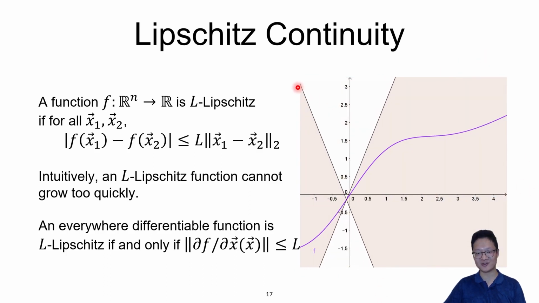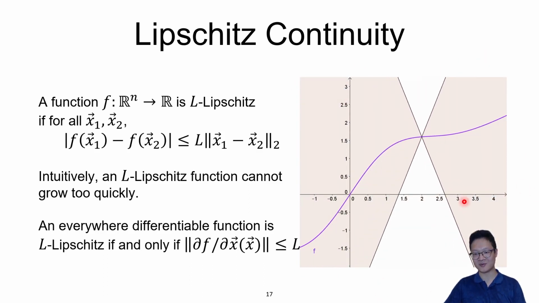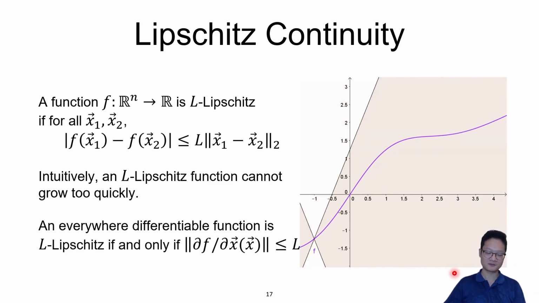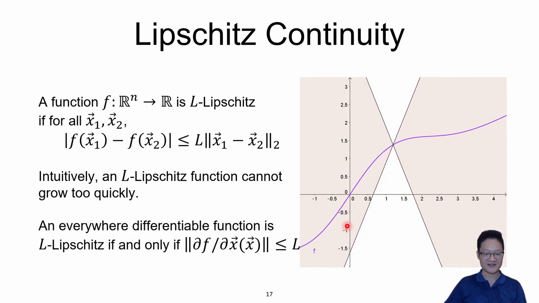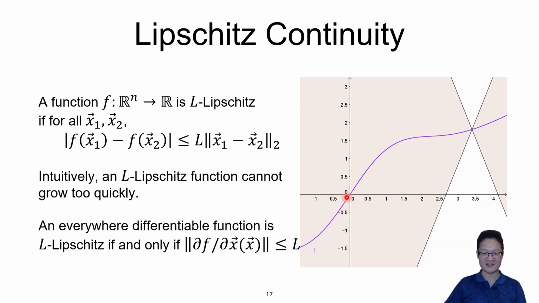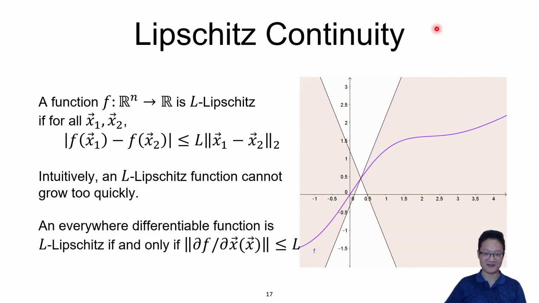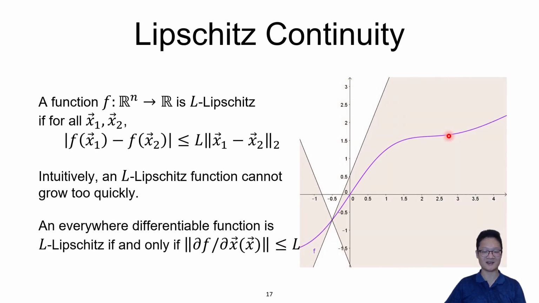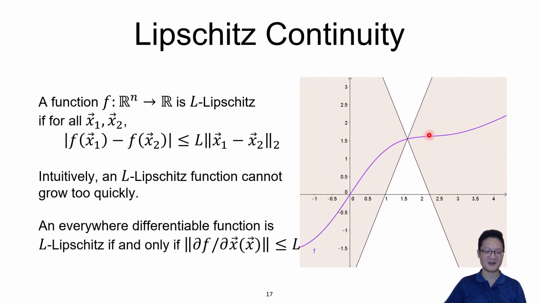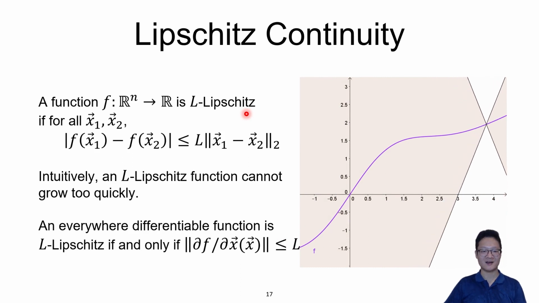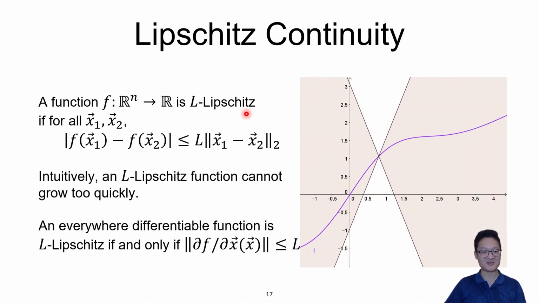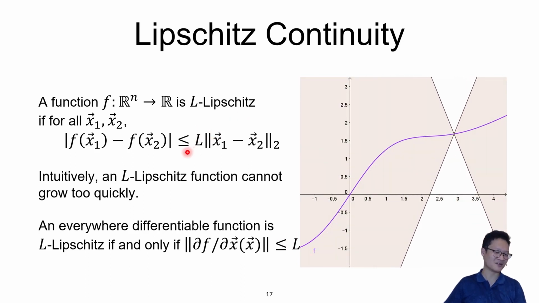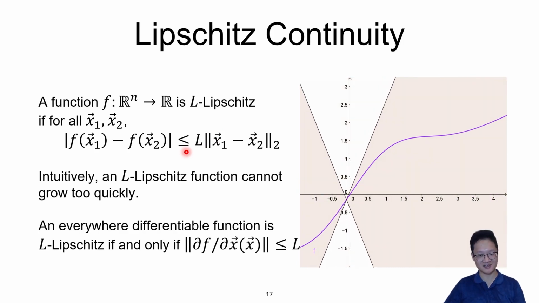And then the negative slope would be negative L. So basically, the purple function does not change faster than these two slopes. Therefore, this purple function is L Lipschitz. Sometimes people will say Lipschitz continuous with a Lipschitz constant of L. So L is called the Lipschitz constant.